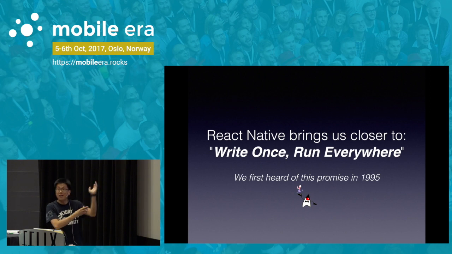Back in 1995, when we heard of this, I was still in university, so I was so excited that me and a few friends started a company, and we wanted to write interactive pages for companies. And back then, companies were not really interested. When you tell them, I can write pages that bounce, that change, that can do some animation, they just look at you and say, so? So that was 1995. Obviously my company didn't do well, and that's why I'm here today.